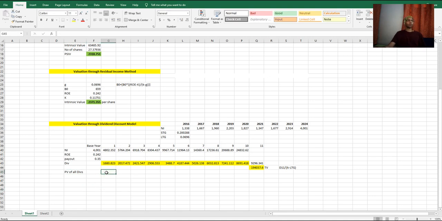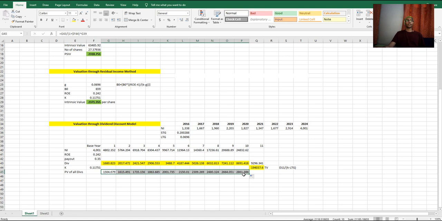This is equal to, if we write the cost of capital here, the present values can be calculated as the periodic dividend divided by 1 plus the cost of capital to the power of the time. Right? So we will lock the value of the cost of capital. We're just using another way of doing things. So this is how we get it.